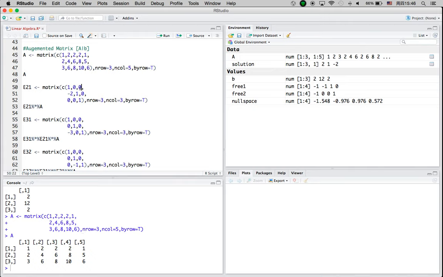So here let's talk about what I think is called Gaussian elimination. The Gaussian elimination can also be calculated by matrix multiplication.